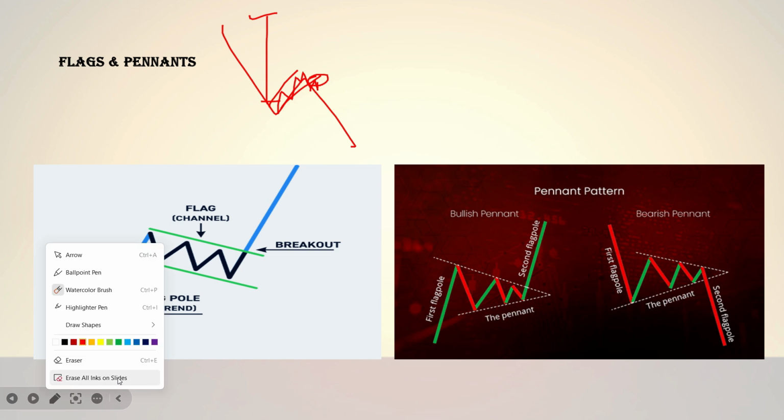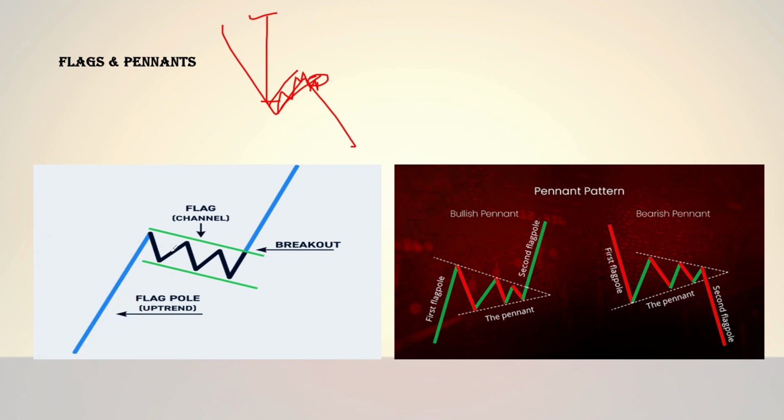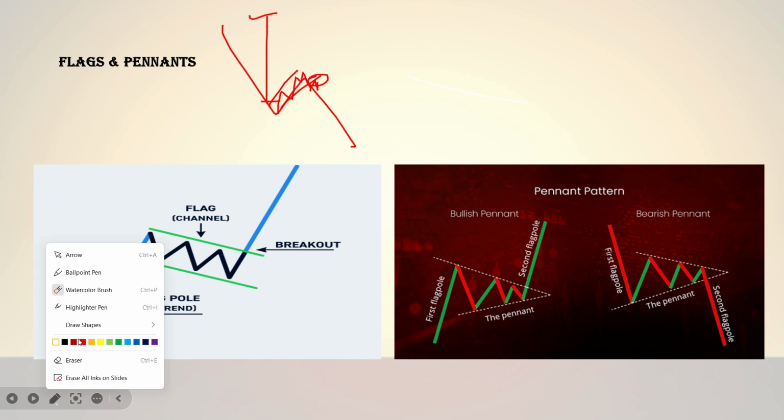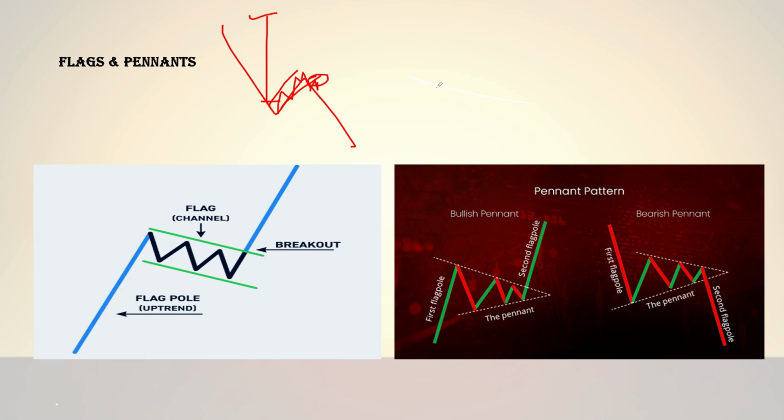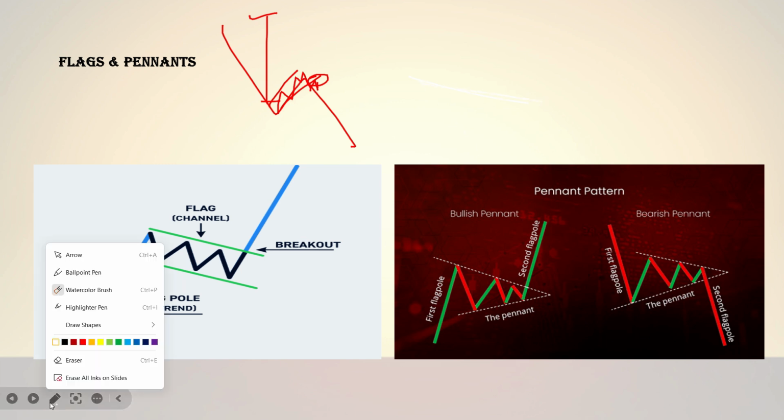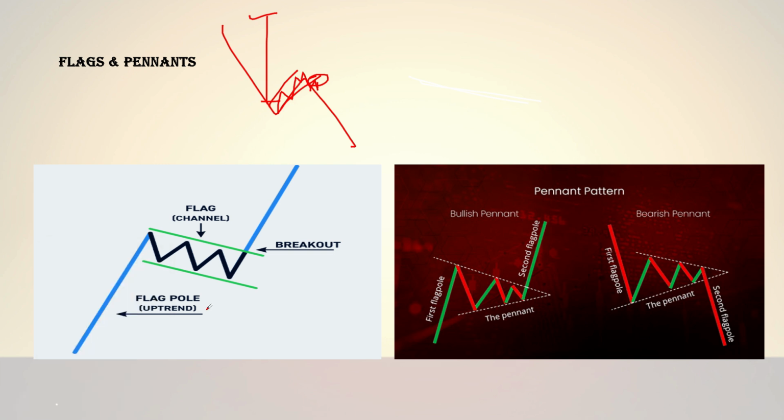And similarly, this is the pennant pattern. Here price is moving in a parallel channel, but here it is something else. So what is a pennant? Price squeezes from that point to this point.